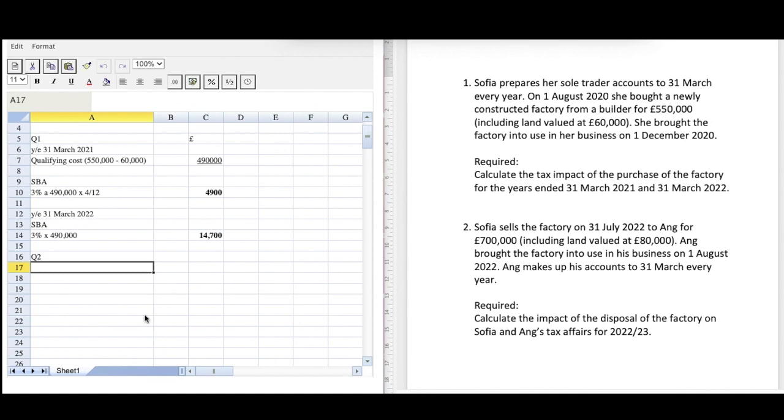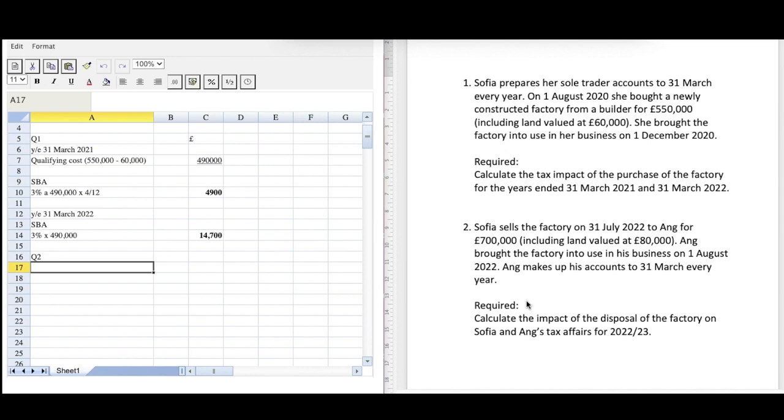So things to consider here then. From Sophia's point of view, she is disposing of the factory. And different to plant and machinery allowances, when we are disposing of a structure or a building, there is no balancing adjustment in the period of the disposal.